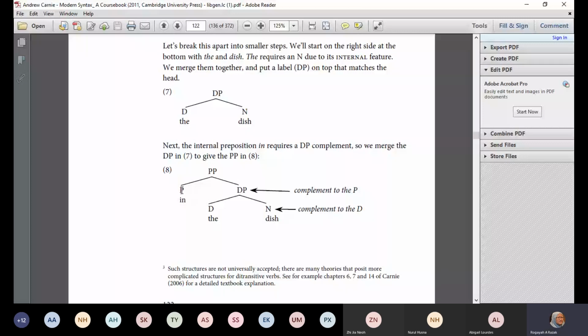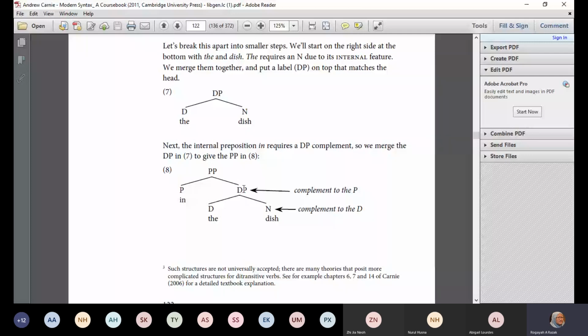Just now we said the prepositional phrase PP has two levels. One is the level of the DP, the dish, and the other is the level of in the dish. Two stages. The noun here is the complement to the determiner, and then you get a DP.